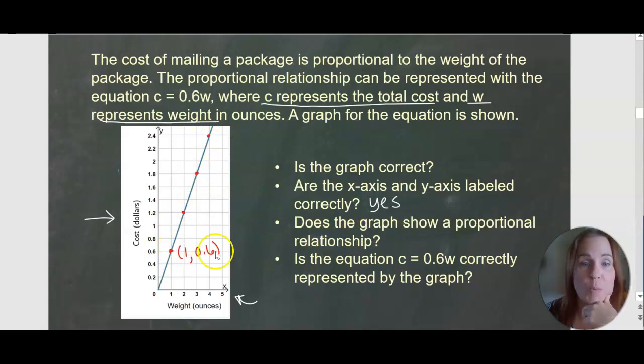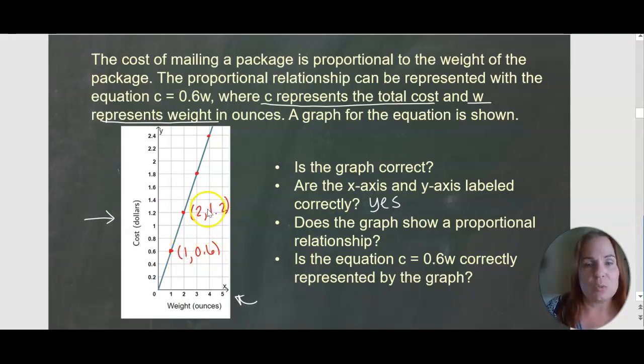So does it show a proportional relationship? Well, let's check it out. I'll use these 2 points. This one is 2, 1.2. So if I do y divided by x, obviously for this one, 0.6 divided by 1 is 0.6.